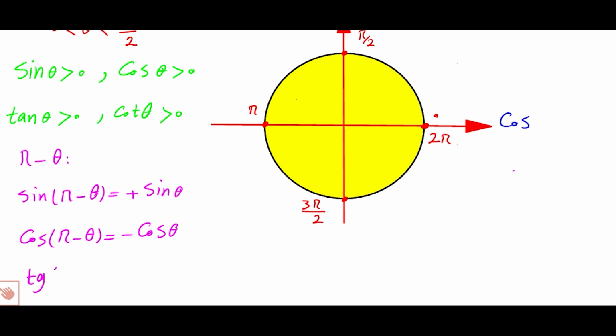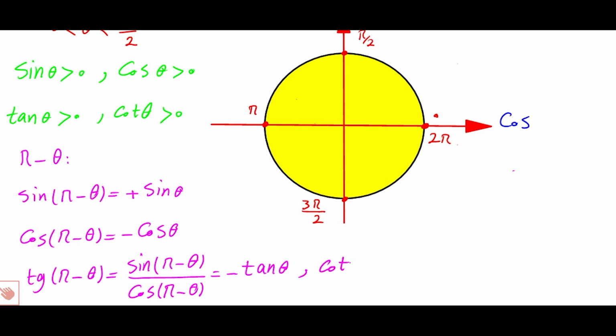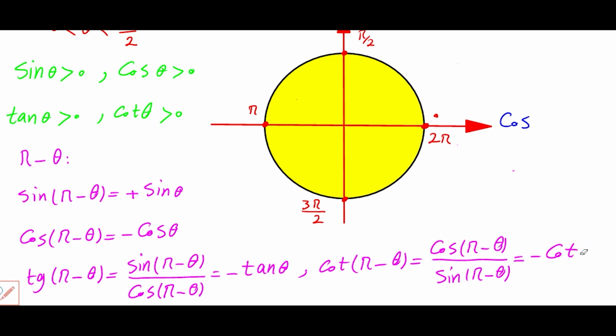So tangent of pi minus theta is equal to sine of pi minus theta over cosine of pi minus theta, which is equal to positive sine divided by negative cosine, which is equal to minus tangent theta, and cotangent of pi minus theta is equal to cosine of pi minus theta divided by sine of pi minus theta, which is equal to minus cosine divided by plus sine theta, which is equal to minus cotangent theta.